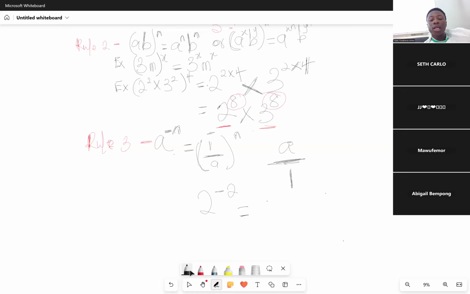It's a number raised to a negative index. 2 in itself, from a fractional perspective, is believed to be over what? Over 1. So now 2 exponent negative 2, what will be the simplification if you are applying rule 3? Reciprocate this.